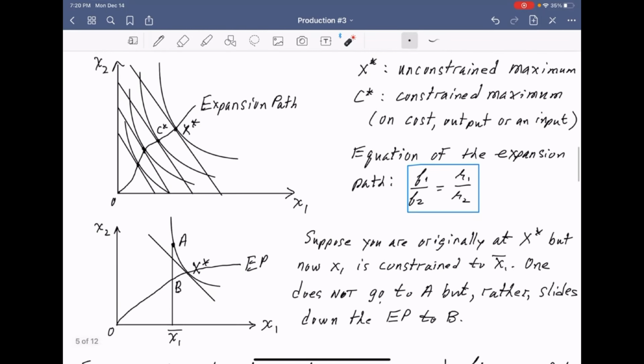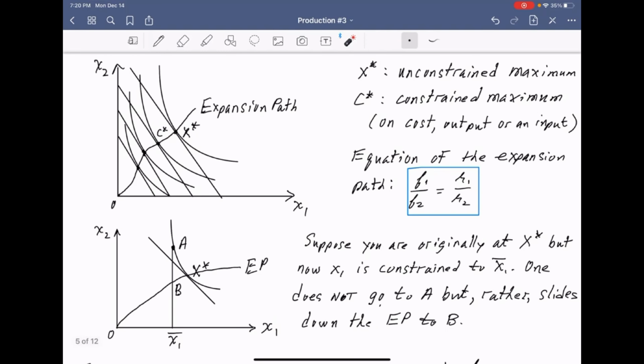So let's look at this diagram here, where we have this expansion path. And along the expansion path, we use our mathematics to find that X star is the optimal unconstrained maximum. C star, however, is based on a constrained optimization problem, and in this case, the optimum is C star.